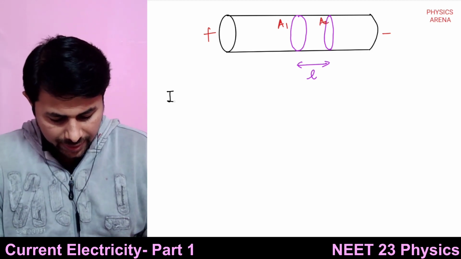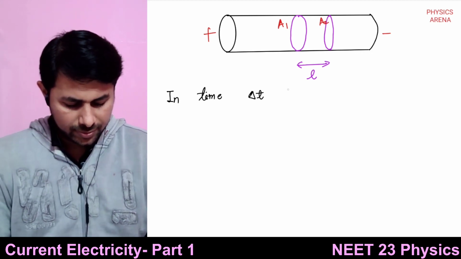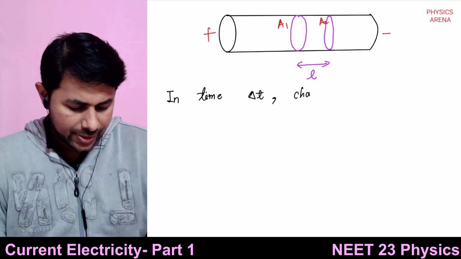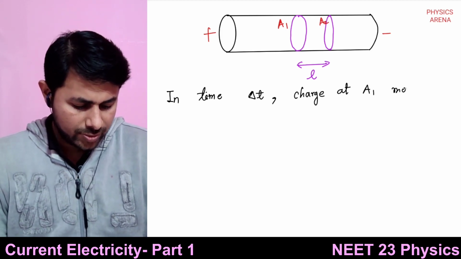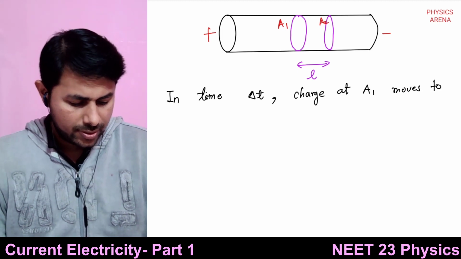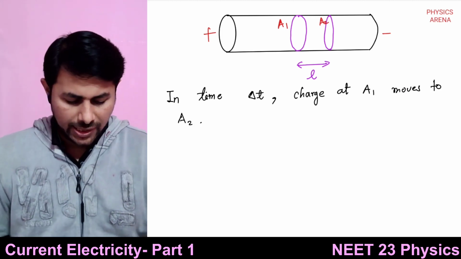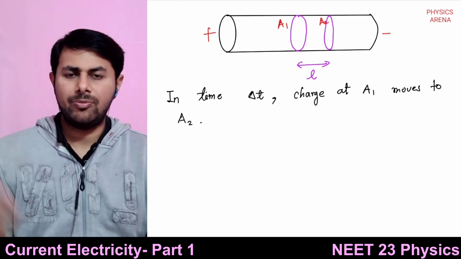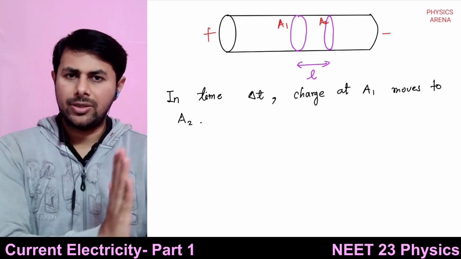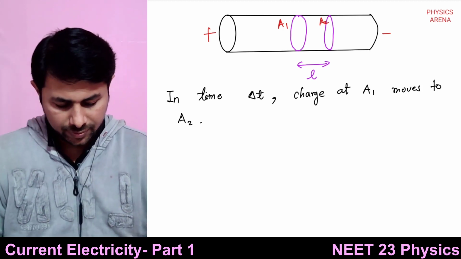So I can say in time delta t, charge at A1 moves to A2. Actually electrons will move from A2 to A1, and we can say positive charge is moving from A1 to A2. So how much would be the current?